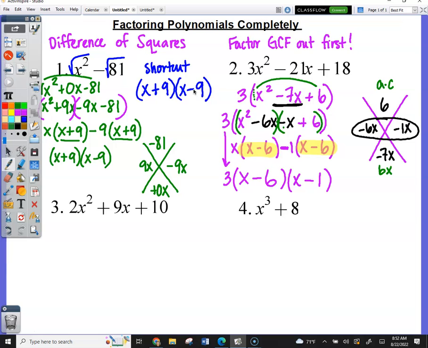So, for example, 4x squared minus 25. Every single thing does have to be perfect.